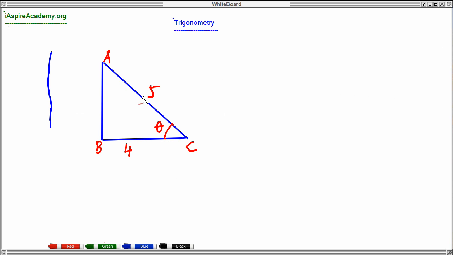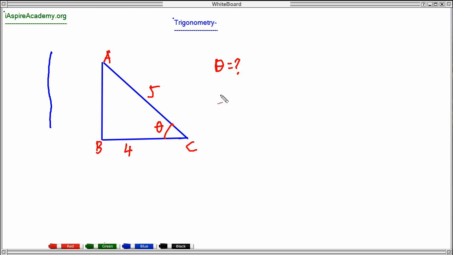So what you have to find, given this is 5 and 4, is the value of theta, or the angle. Now without applying trigonometry, this is not easy to solve. So we're going to solve it using trigonometry.